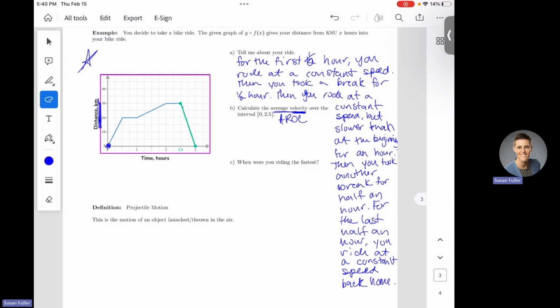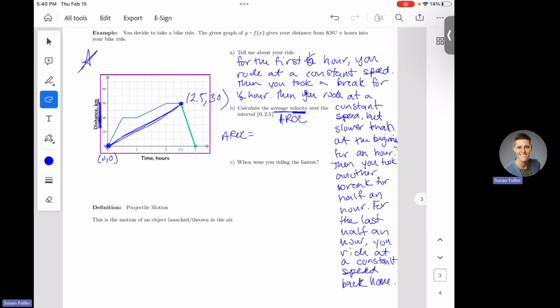So from 0 to 2.5, we want the slope of that line. So we're just going to use our 2 points, (0, 0) and 2.5. Let's see, the y value there is 30. So we'll use those 2 points and we'll find the slope between them. That will tell us our average rate of change over that period.